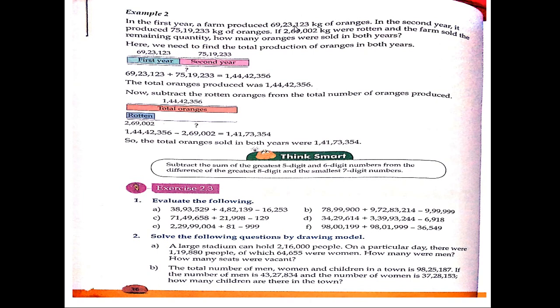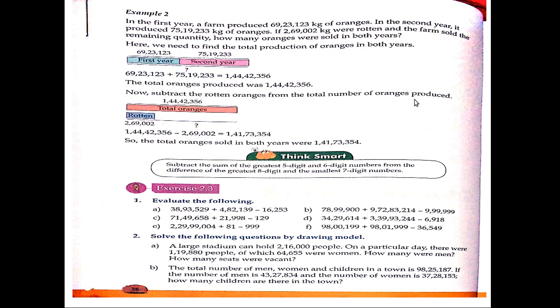This is given for the first year, this is given for the second year, and if some were rotten and the farm sold the remaining quantity, how many oranges were sold? So here first we find the total oranges in both the years, and the total oranges in both the years is 1,44,42,356. Now subtract the rotten oranges.